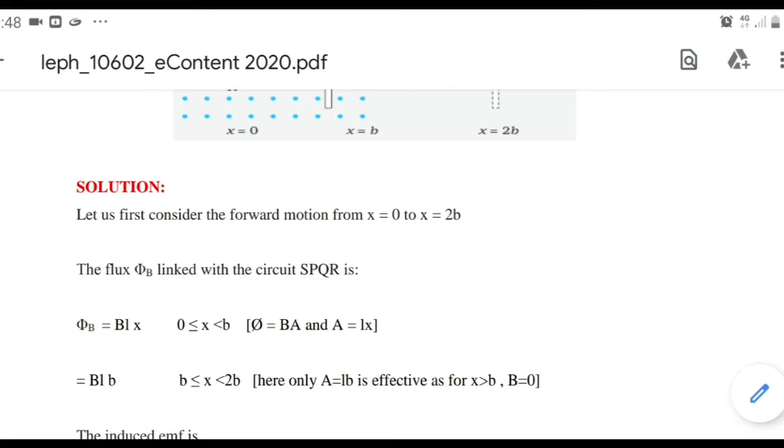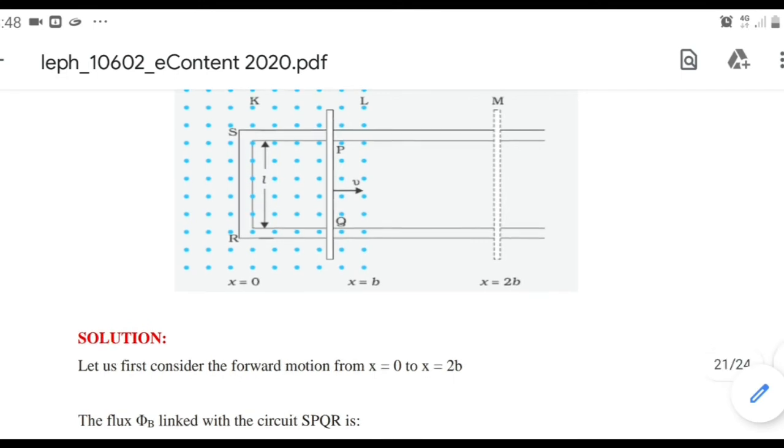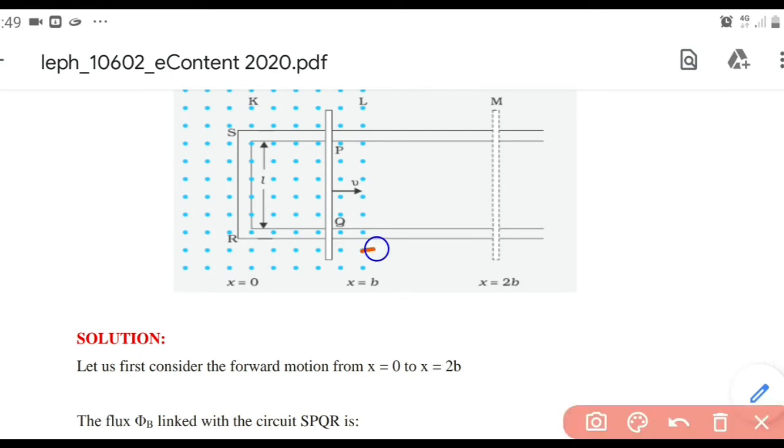Now, when it is moved from x equal to b to x equal to 2b, from here to here, the magnetic field linked with this framework remains constant.